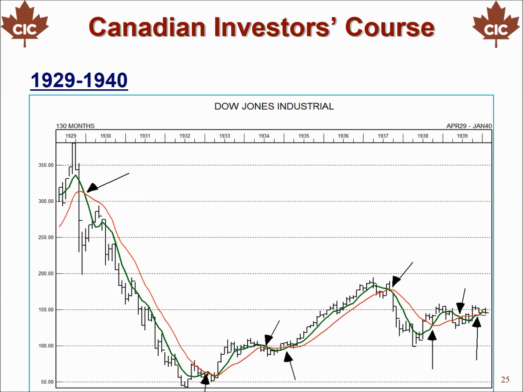Later in 1929, if one had sold there, clearly one would have been blessed because you'd be sitting with cash, and then you can see where it gave you a buy signal a little later on, if you see right there, and then another sell signal here, another buy signal here, another sell signal here, buy signal, sell signal, and so on.